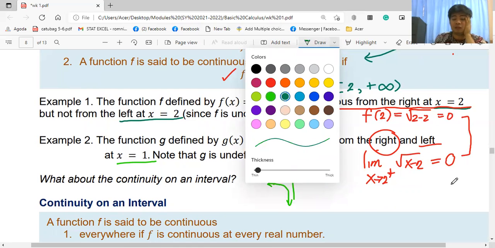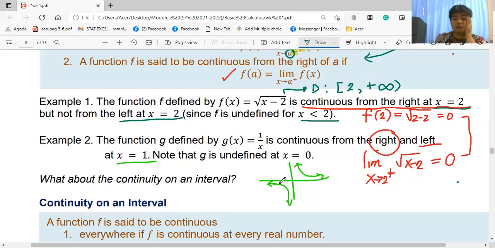So kilala nyo na yan. f of x is equal to 1 over x. When x is equal to 1, then it is here. So really connected talaga yung graph from the left and right. Mag-exist ang g of 1. g of 1 actually is defined, that is 1.